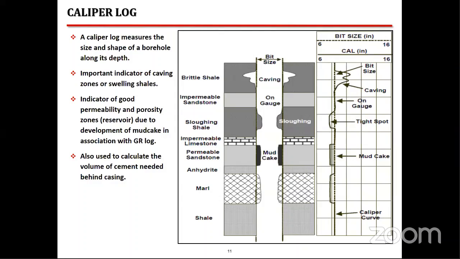So in addition to the caliper log, you will also use the gamma ray log to determine the lithology, and then you will come to a conclusion whether the tight spot is because of the formation of a mud cake or because of the swelling of the shale that you are drilling through. Based on this, you can differentiate between a mud cake formation and a swelling shale or a tight spot.